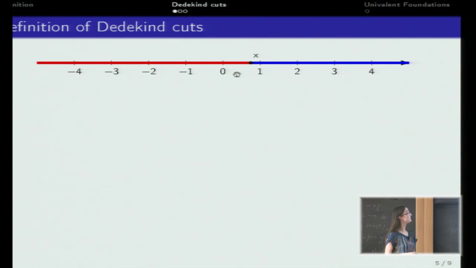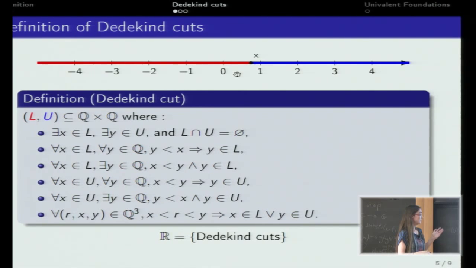What are the Dedekind cuts? If we look at all the rational numbers, a Dedekind cut is when we cut these rational numbers in two intervals, with some properties, and the real number is the hole between these two sets. In mathematics, we can express this property like this.